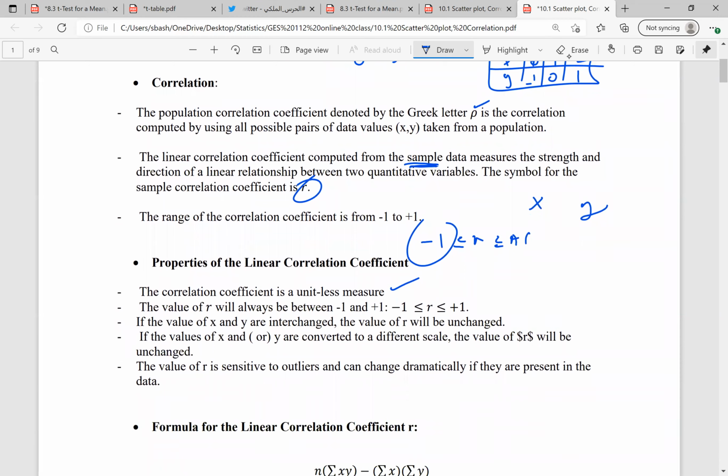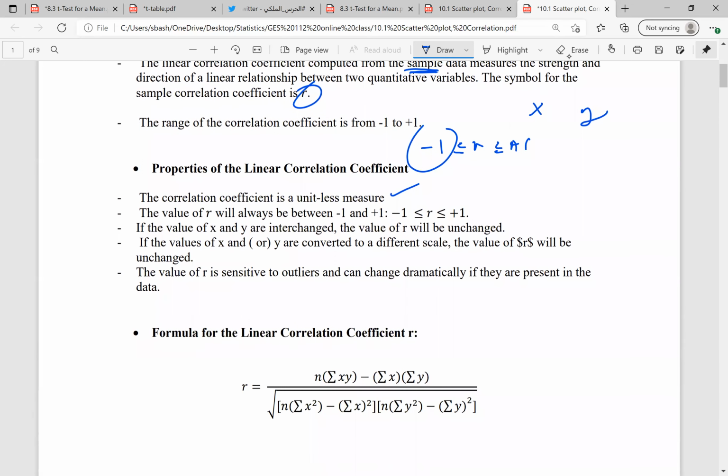The value of r is sensitive to outliers and can change dramatically if they are present in the data. Sometimes there are outliers, inputs which are not related to the experiment. If they exist there, this will affect the value of r.